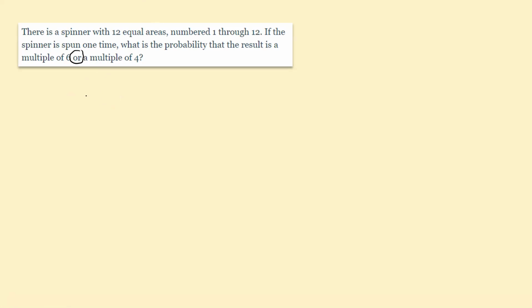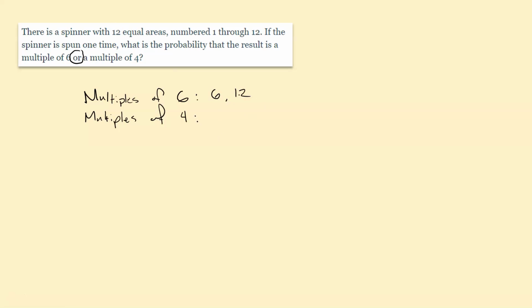So what we want to do is list the multiples of 6 and the multiples of 4 just to see how many satisfying results we have. Multiples of 6 would be 6 and 12, and then it only goes up to 12, so that's all we have.